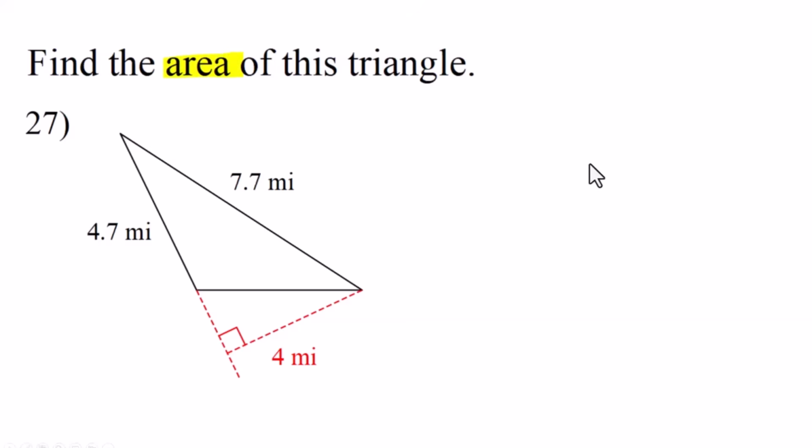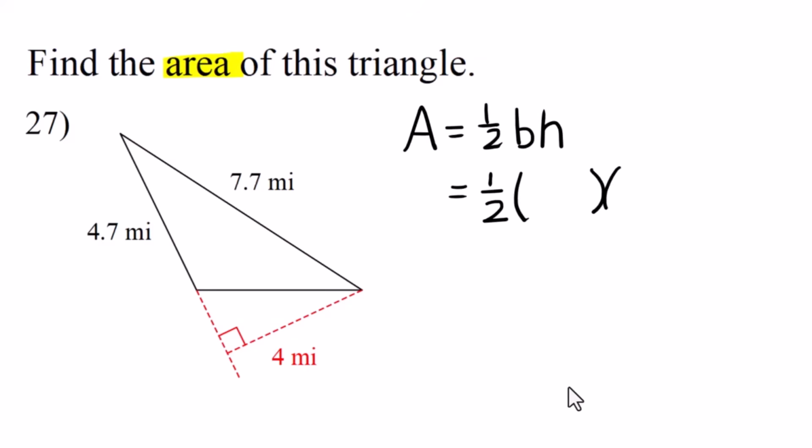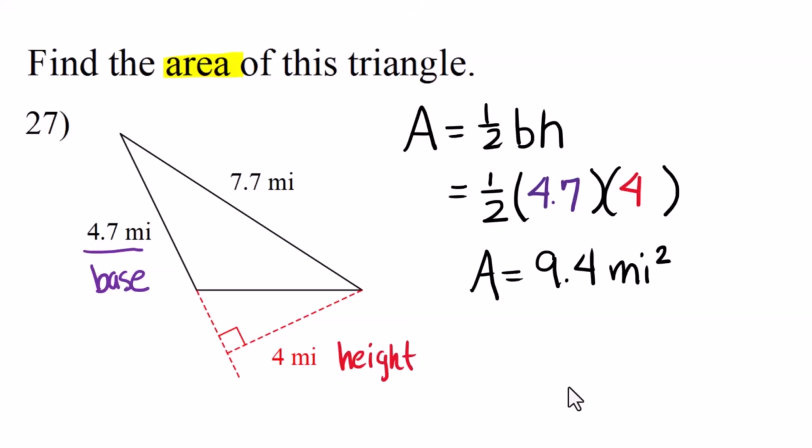So area formula, 1/2 base times height. I know the 1/2 is the 1/2. The base and the height are 4.7 and 4. We do the math. We're going to end up with 9.4 miles squared.